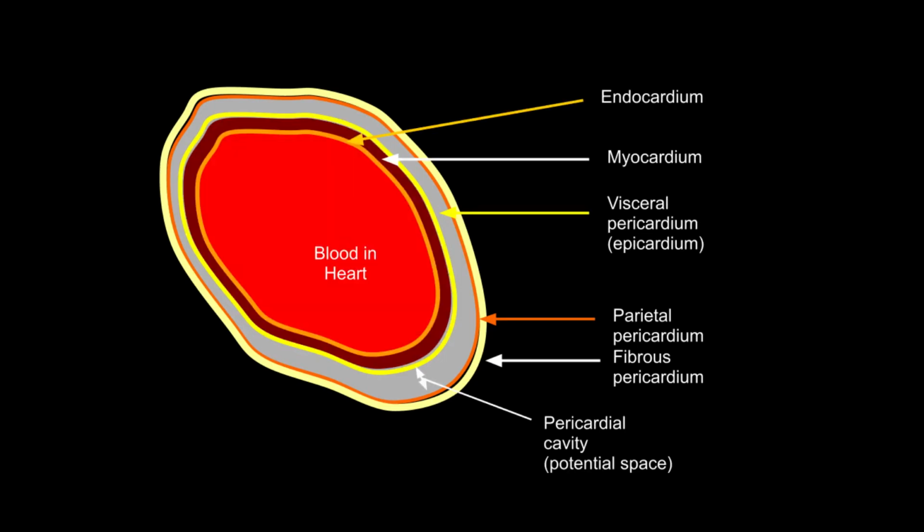Now, cutting through that yellow heart, which is wrapped in epicardium, you can see a cross section. Again, for diagrammatic emphasis only.